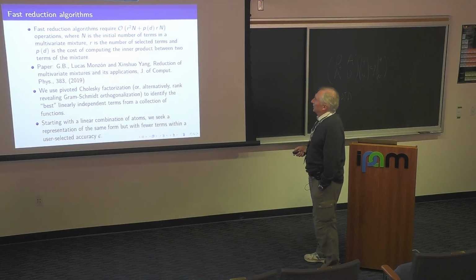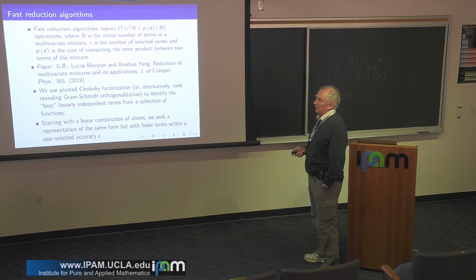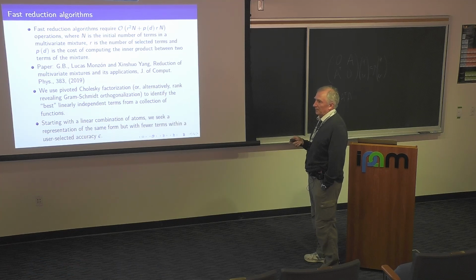Okay, so again, you need a reduction algorithm. For example, in quantum chemistry, you have an integral. Everything can be represented as a Gaussian: Green's functions, potentials, wave functions. Say you have 100 of each. You multiply them, it's inexpensive.